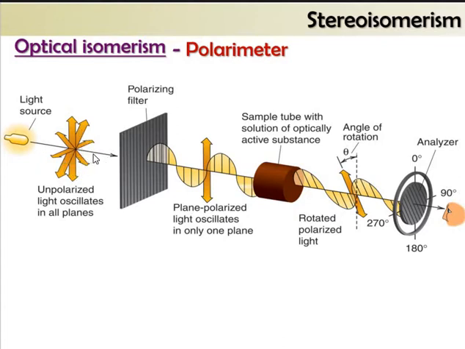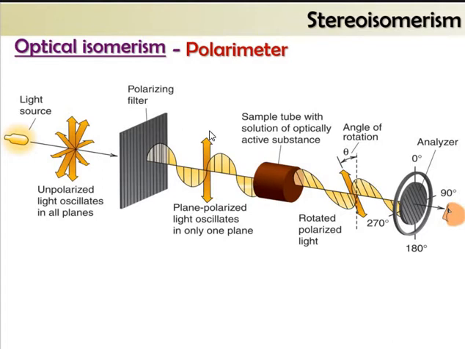So when it comes to the polarizing filter, dia akan menjadi satu direction saja, one direction only. So the plane polarized light oscillates in only one plane here. In the tube here, we put the sample with the solution of optically active substance.